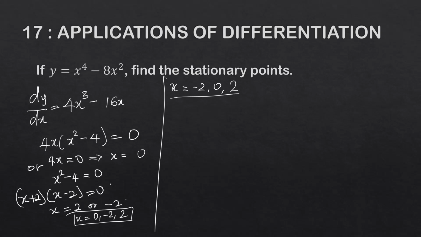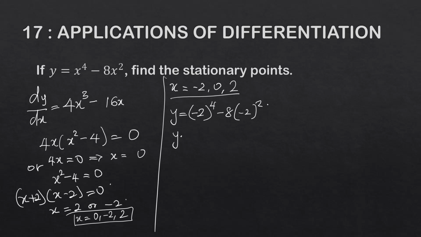So you can also find the corresponding value of y. I can say that in this case, y is equal to minus 2 all raised to power 4 minus 8 times bracket minus 2 raised to power 2.